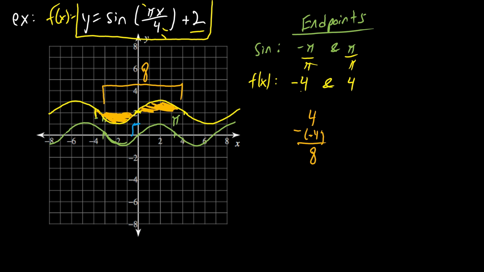So our period here is 8. And for this next example, I will do some vertical scaling so the amplitude is changed, so you can see when we're going to actually be changing the amplitude and when it's not just 1. All right, let's move on to that example.